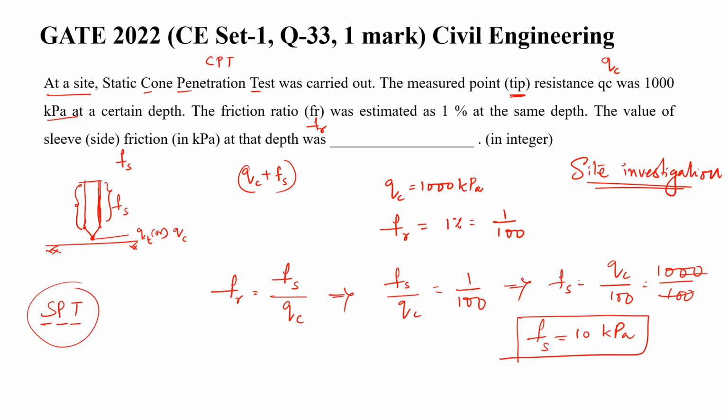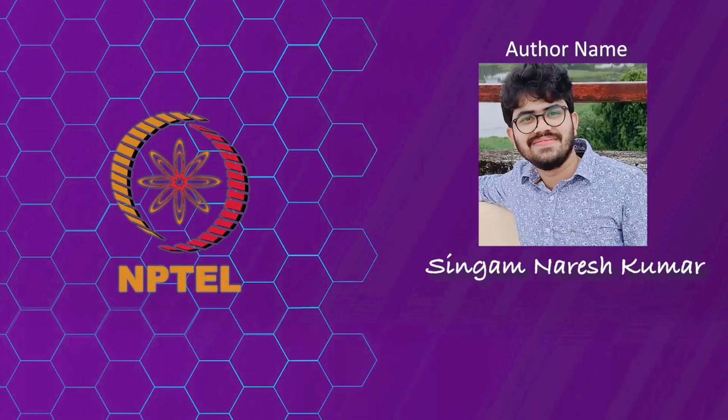These are the parameters we get directly from the test. Then using QC, Fs and Fr, we find the shear strength parameters, cohesion and friction. So this comes under the site investigation part of soil. Then the answer is Fs is 10 kPa. Thank you.